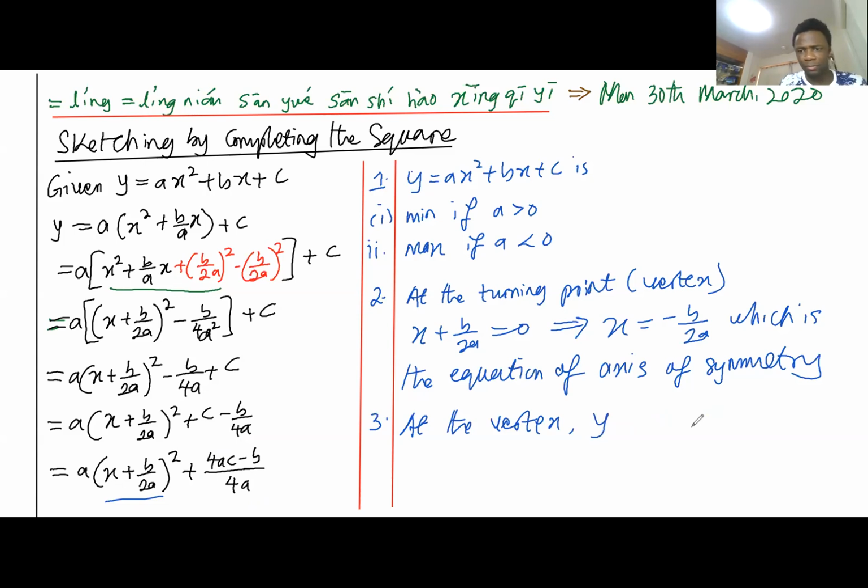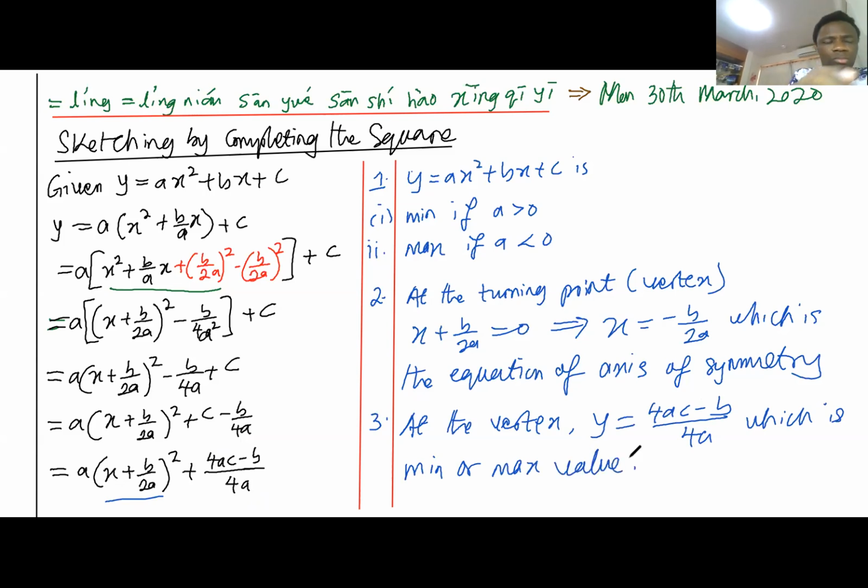So 4ac minus b squared divided by 4a is the minimum or maximum value, depending on the value of a. This is just a summary of what we have done before, just to remind us.